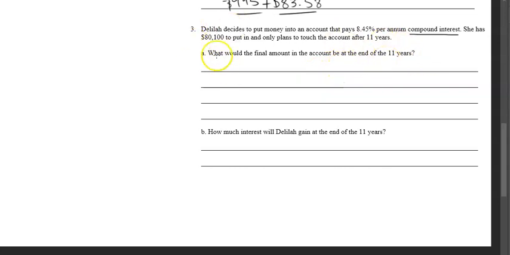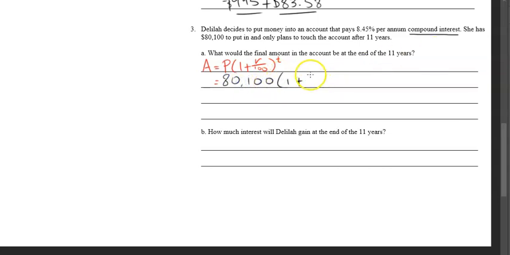So we're finding the final amount, which is being conveniently given with this formula here. A is equal to P, open bracket, 1 plus R over 100, close bracket, to the power of T. Our principal, or how much she is investing, is 80100.